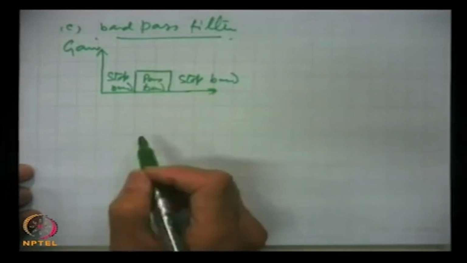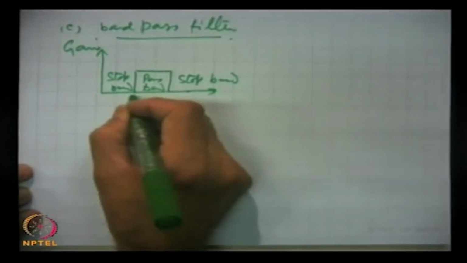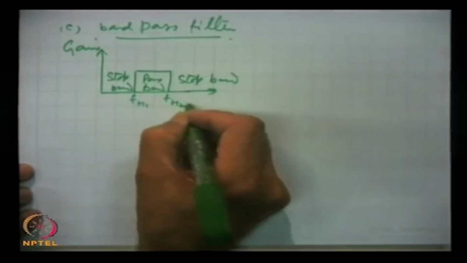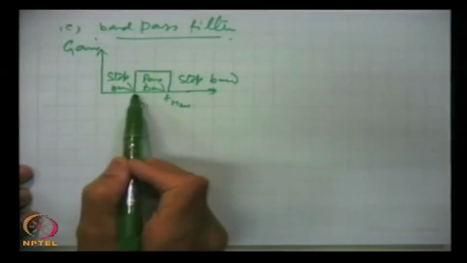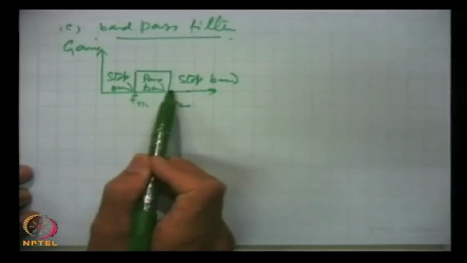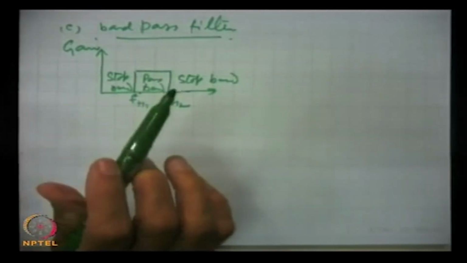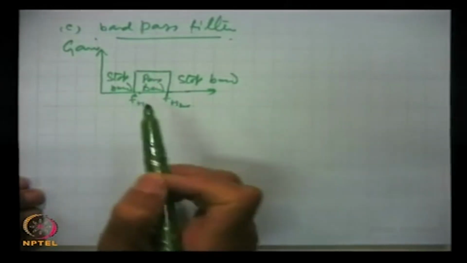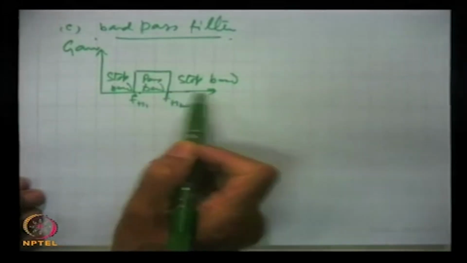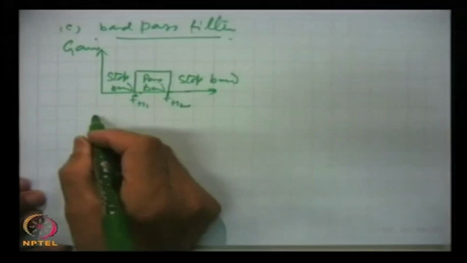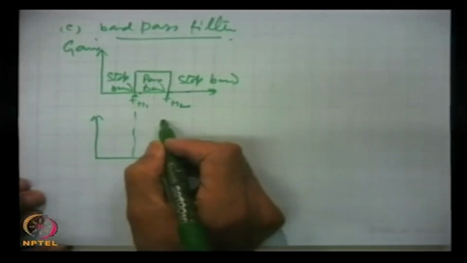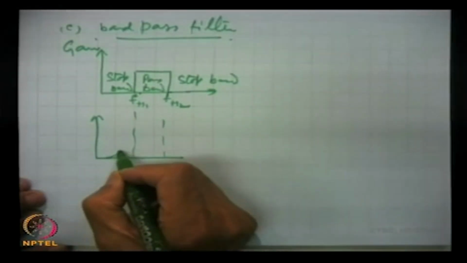These are the frequencies FH1 and FH2, that means for frequencies lying in the pass band, the attenuation will be very low, and very heavy in the smaller frequency region and in the higher frequency region. And for the practical one, this plot is like that.